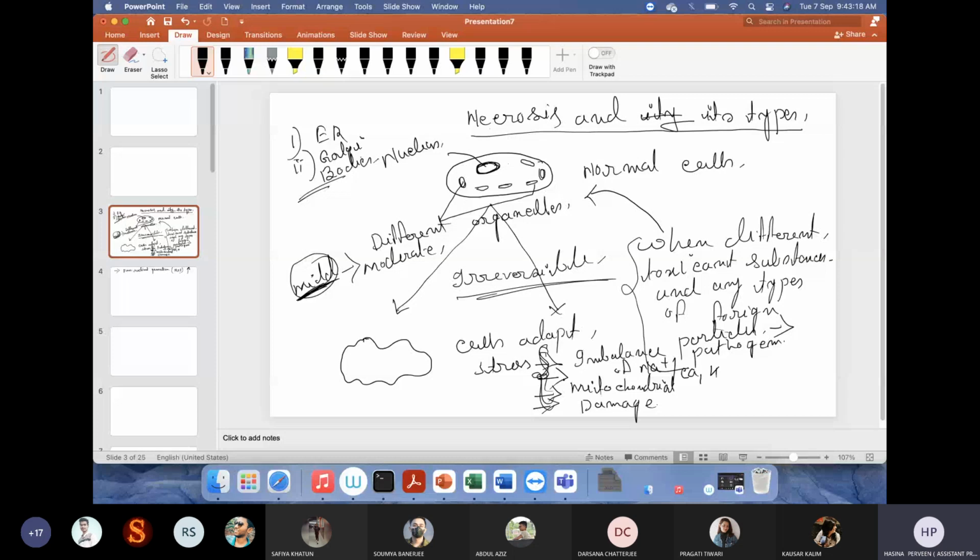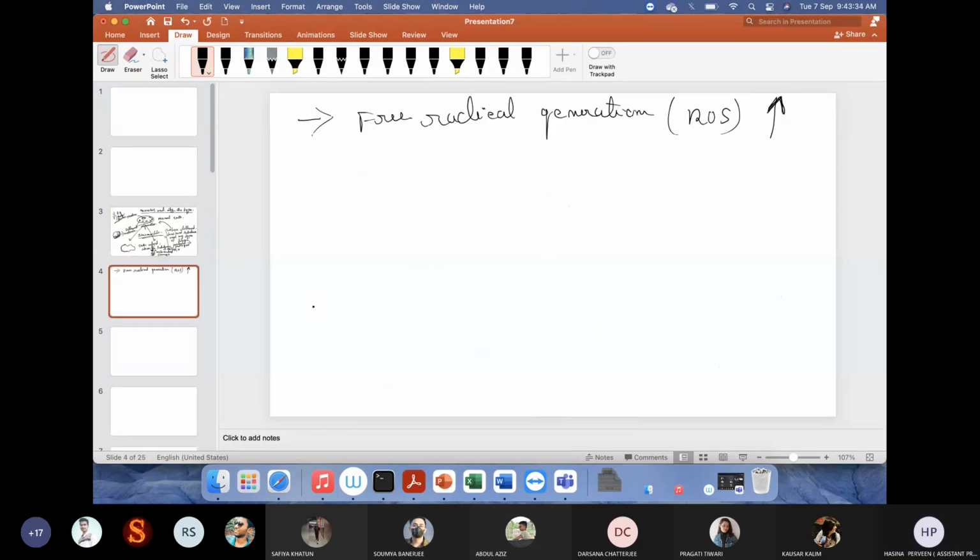Okay, so when these conditions appear, small changes in the structure of the nucleus occur when the necrosis condition occurs. That means normal cells, then different types of blebs appear.